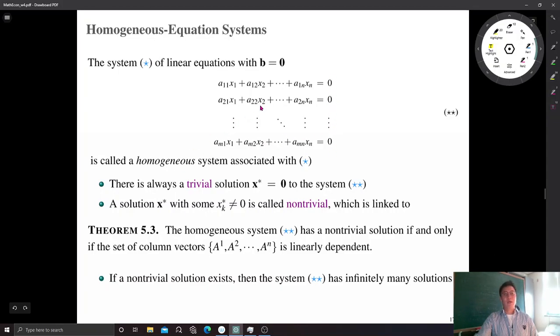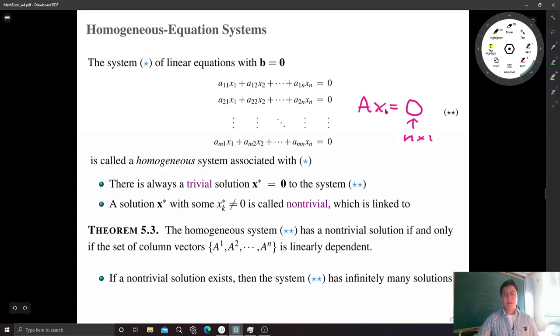Using matrix forms, we can rewrite these equations into AX equals 0, where 0 is an n by 1 zero matrix.